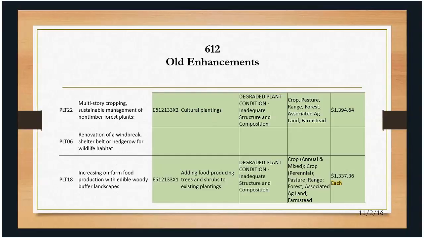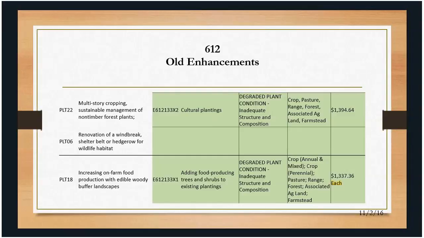The new enhancements are cultural plantings and adding food-producing trees and shrubs to existing plantings. Now, these are both trying to get at degraded plant condition, inadequate structure and composition, resource concerns. They're applicable on any, I think, every land use. Is there any land use there that's not listed?